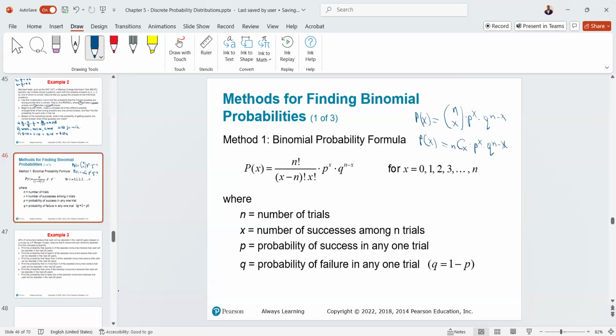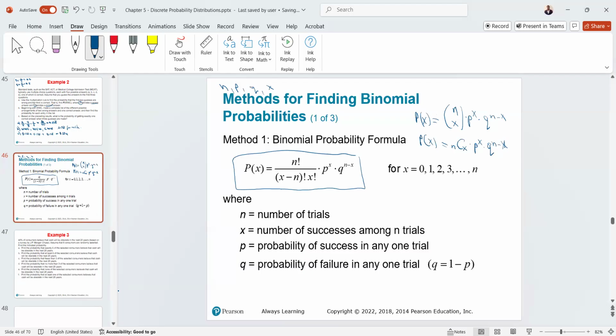Remember, for binomial distribution, you always need to look for n, p, q, and x. N is the number of trials. X is the number of successes among n trials. P is the probability of success in any one trial. Q is the probability of failure. And remember, for the probability of failure, you always subtract the success from the total to find it. So this is the formula we're using to compute the probability distributions.